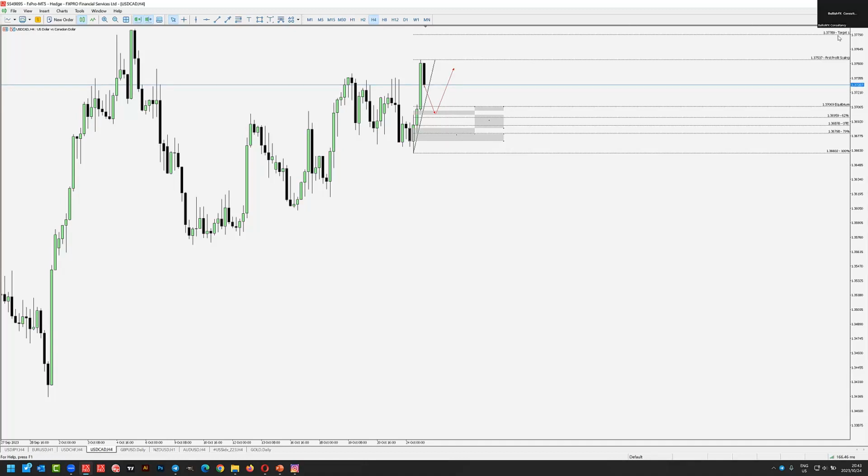Chances are very high that we're going to reach 1.37800. This is this old high here. You see, chances are very high. But for price to trade to that level, it has to retrace first to collect more orders, more liquidity for it to push to the upside. Do you understand what I'm saying?